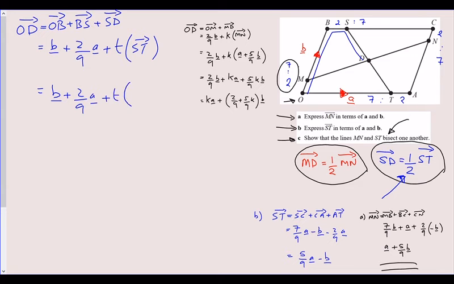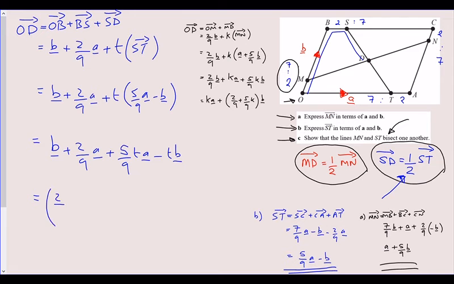So S to T is what we generated down here. So if I just substitute that into this and expand that out, so what have I got?